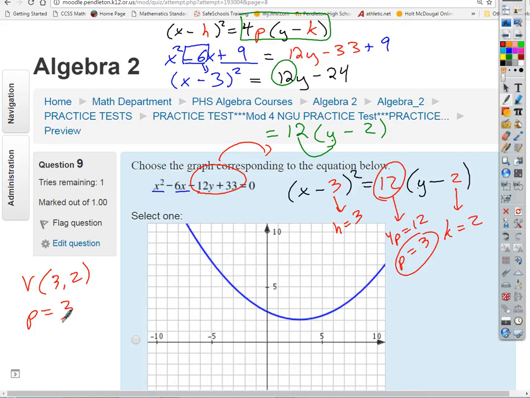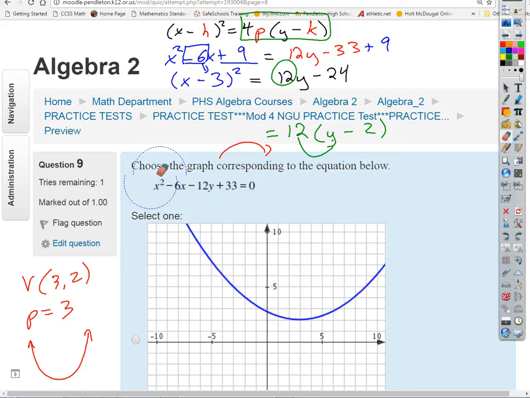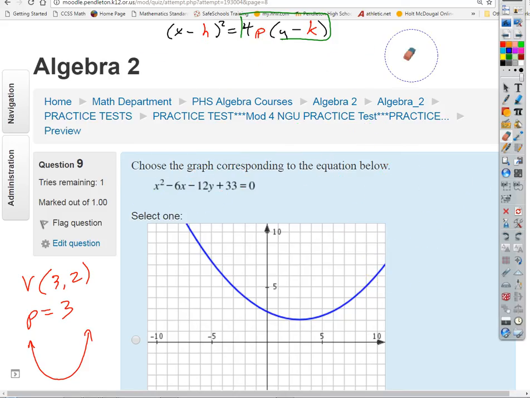And which variable is being squared again? So is this a horizontal or vertical problem? Vertical, and p is positive, so it's going to be an upward opening vertical parabola, right? So that's what we're looking for, okay? Everything's summarized over there. Let's go find this one. It's the third.